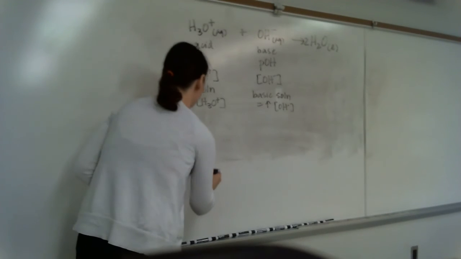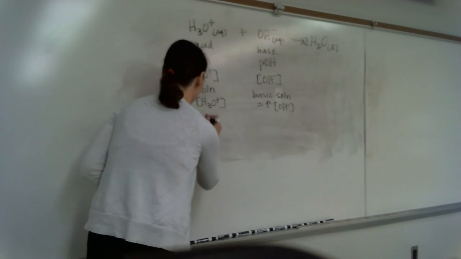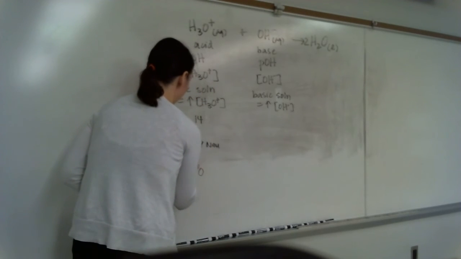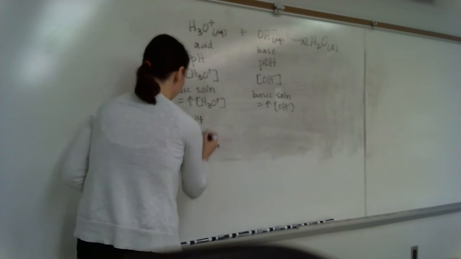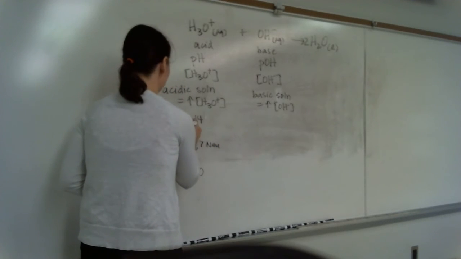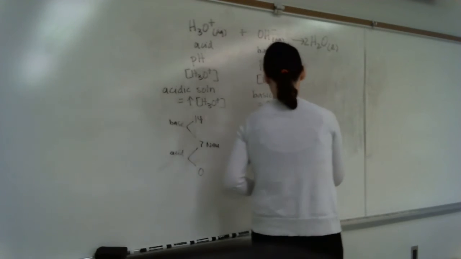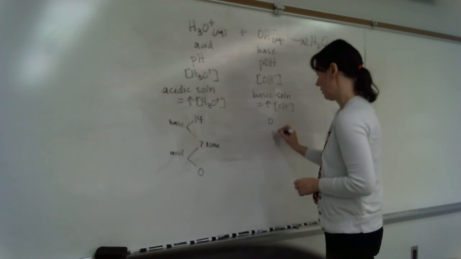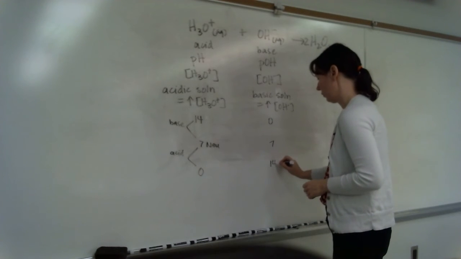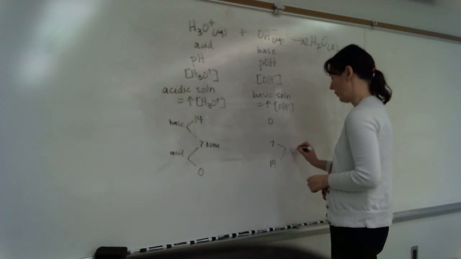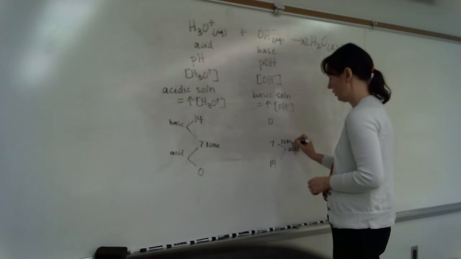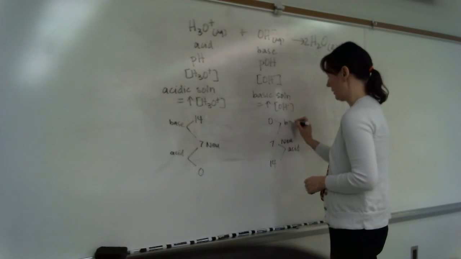Because the pH scale is 0 to 14, and here's 7, that's neutral. So 0 to 7 on the pH scale would be acid, and 14 to 7 would be base. These two are the opposite of each other. So if you're going the other direction, 0, 7, 14, here would be your acid section, this would be neutral, and this would be your base region.